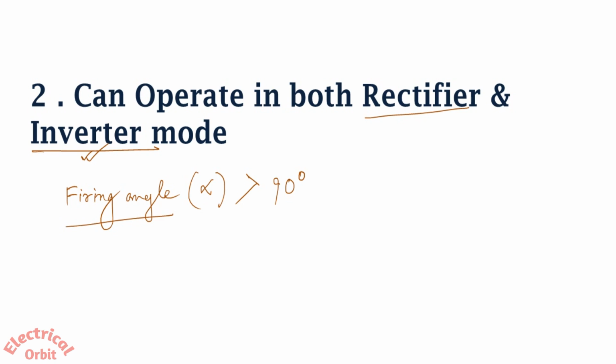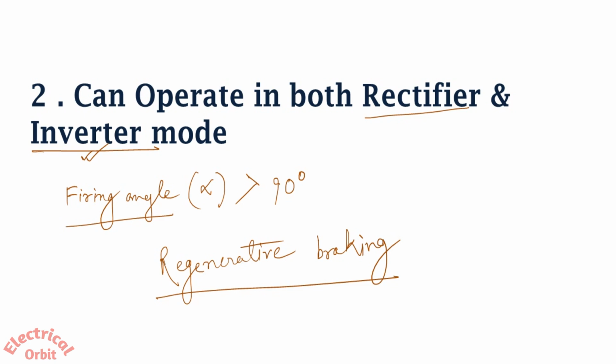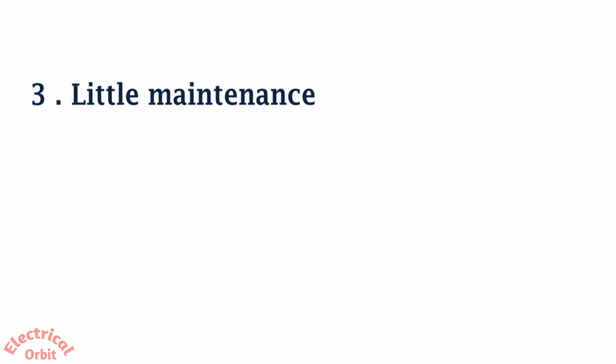Sometimes when you are performing a braking procedure or regenerative braking, then you have to send power back from the DC motor to the supply, and that is only possible when your rectifier unit starts to operate in inverter mode. Next, a thyristor requires very little maintenance, so you don't need to think a lot about its hazards or maintenance problems. So that is another advantage.